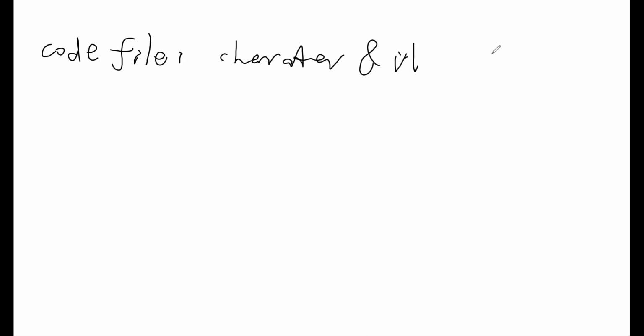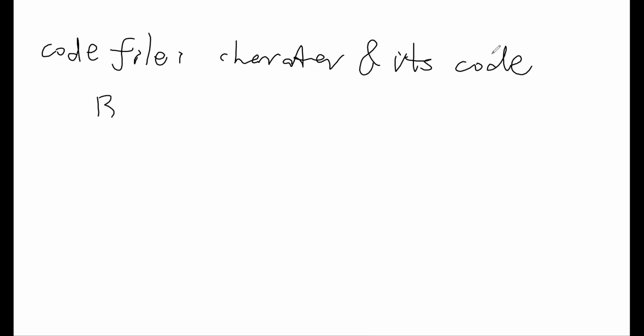And next, let's see how we build the Huffman tree. Generally speaking, we have the code file. What the code file will look like is it will have characters and their codes.